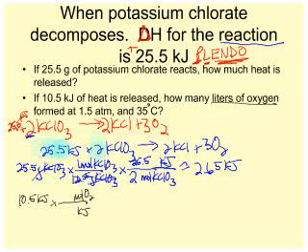I need a relationship between oxygen, 3, and kilojoules, 25.5. I am tempted to do the 22.4 liters, but don't you dare do it. It's never 22.4 because in AP Chemistry, they very rarely put you at STP. So I'm going to stop and get my moles right here. 10.5 times 3 divided by 25.5 equals 1.24 moles of O2.